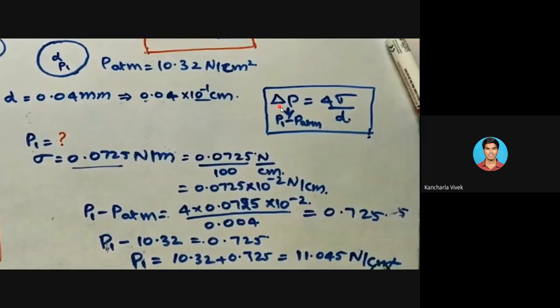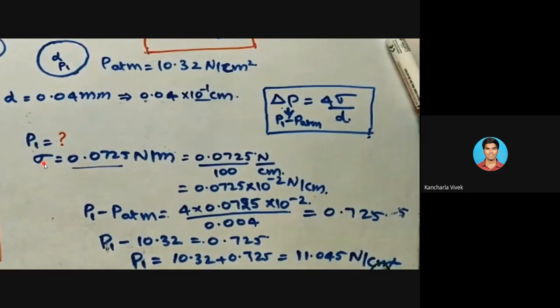So in the first case, here we have been given P atmosphere, that is 10.32. So we need to calculate the P1. Delta P we can calculate using the formula 4 sigma by D. What is delta P actually? P1 minus the surrounding atmosphere. So we equate 4 sigma by D to P1 minus P atmosphere. We have P atmosphere, we will be solving 4 sigma by D, and we will get the value of P1.